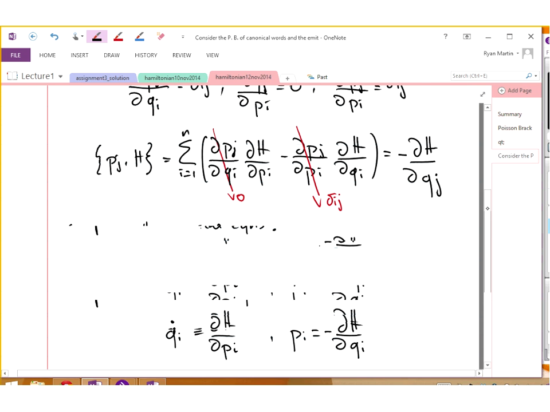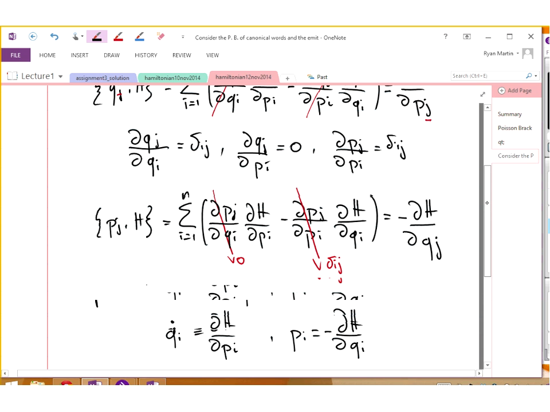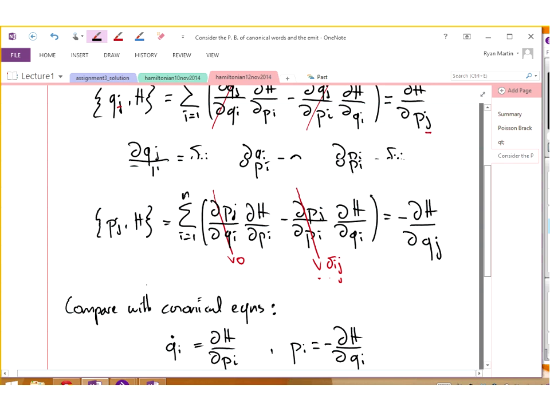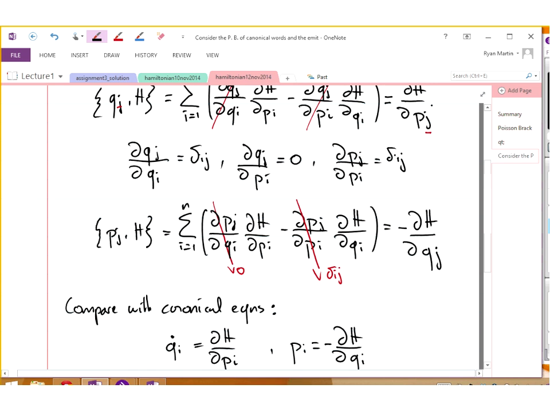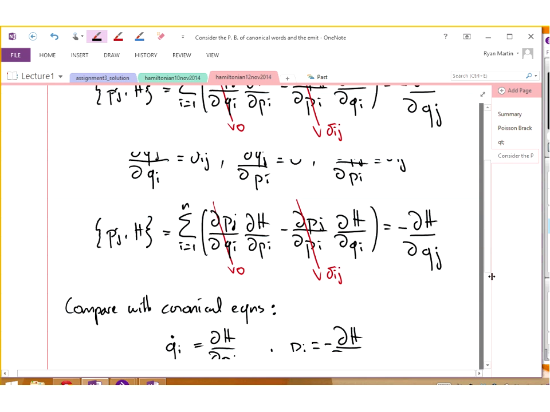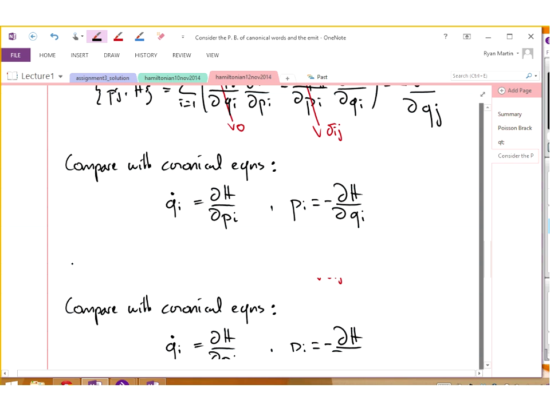Alright, that's the canonical equations of motion. Let's compare that with what we just found. We found that the Poisson bracket of Qj with H was ∂H/∂Pj, and that the Poisson bracket of Pj with H was minus ∂H/∂Qj.